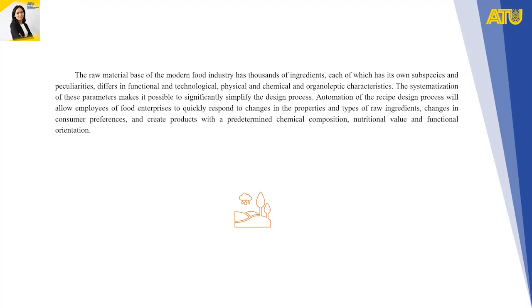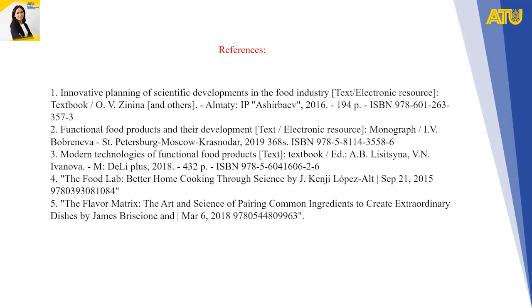Thus, mathematical and simulation modeling becomes one of the necessary tools for technologists to solve the problem of optimizing the complex of properties of a food product, organoleptic, physico-chemical, microbiological, according to the established criteria and restrictions at each stage of its development.